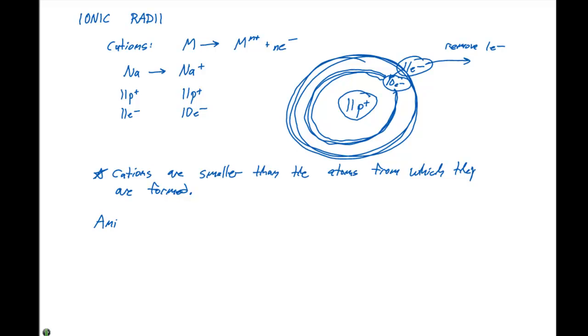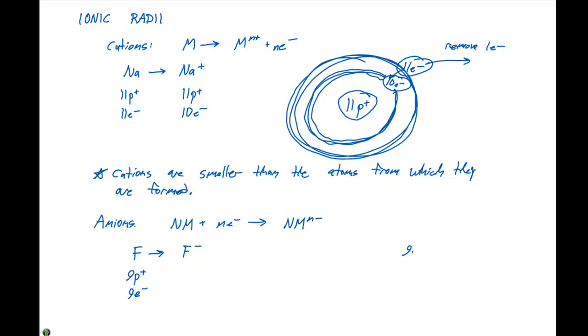We can look at a similar trend for anions. We can represent the anions as gaining electrons. However many electrons they gain, they're going to have that particular charge. An example we can look at is fluorine. Fluorine can become an F- anion. If we look at fluorine, there are 9 protons and 9 electrons.